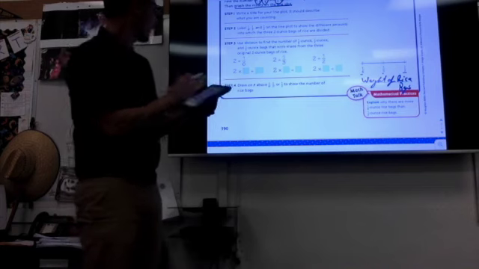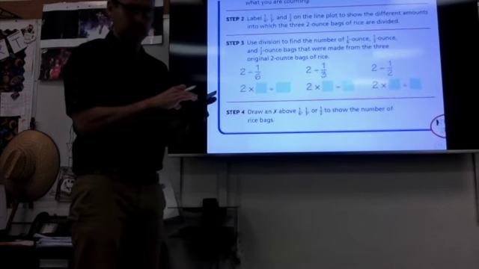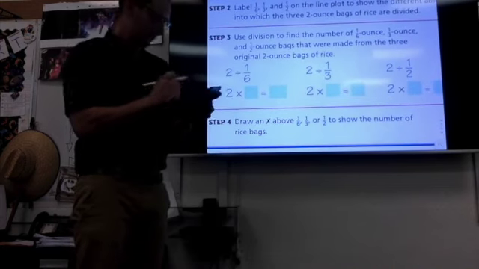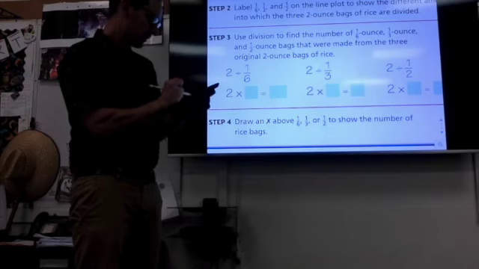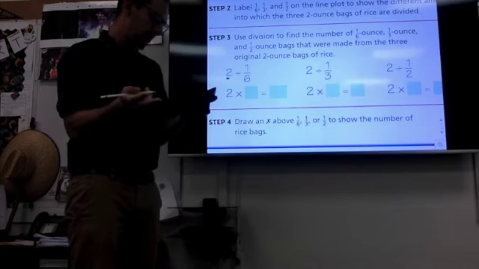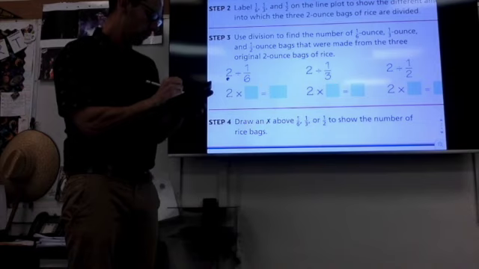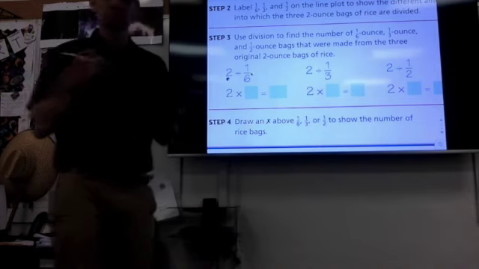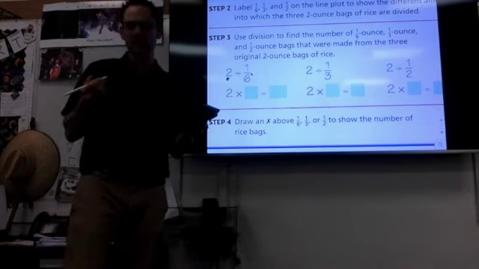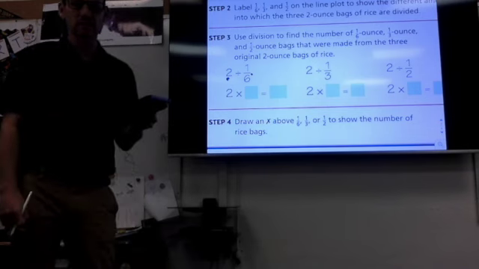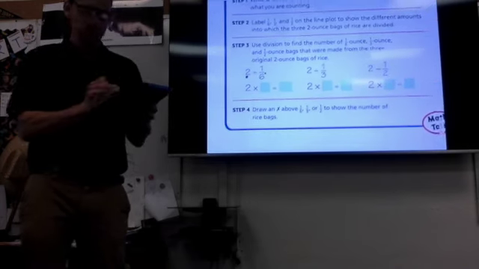So they broke it down for us here. So we're going to take 2, which is the number of bags, 2 divided by 1/6. Okay, work that out for a second. Give you guys a second to try that out. Try to work through these here.